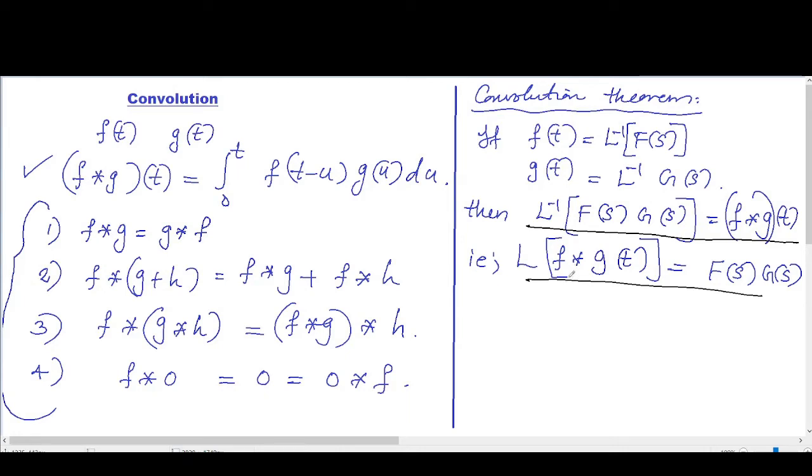Here we are considering the Laplace transform of the convolution of two functions, (f * g)(t), and that is equal to the product of the Laplace transform of f and the Laplace transform of g. Using this convolution theorem, we can find the inverse Laplace transform of some functions.